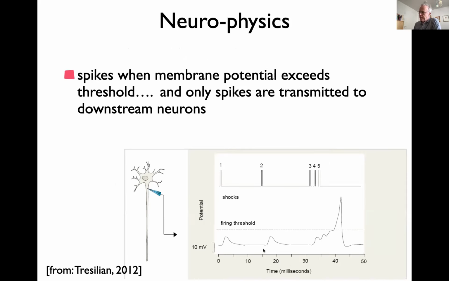If the induced activation level exceeds a threshold, there's actually the spike event, which I'm not explaining how that happens, but that is really what is transmitted. When the axon connects to other neurons through synapses, they only induce some post-synaptic potential in the downstream neuron if there is a spike.